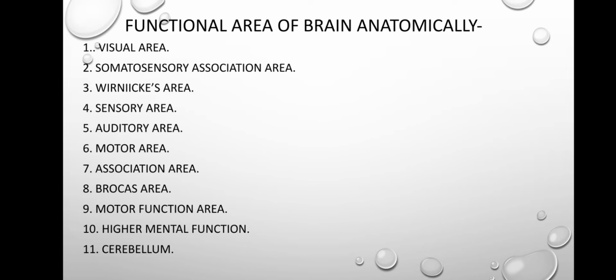Visual area, somatosensory association area, vernix area, sensory area, auditory area, motor area, association area, Broca's area, motor function area, higher mental function, cerebellum. These areas are responsible for individual functions, like the visual area is responsible for the function of vision.